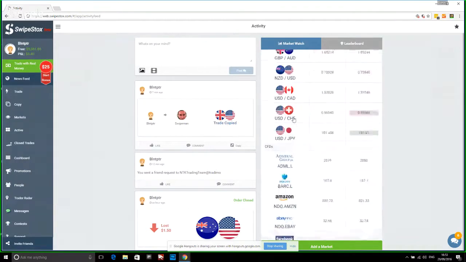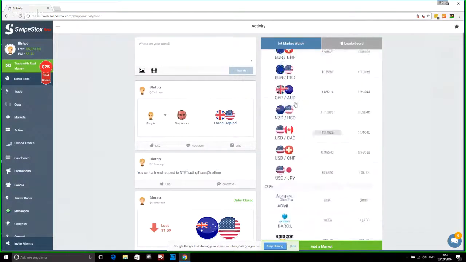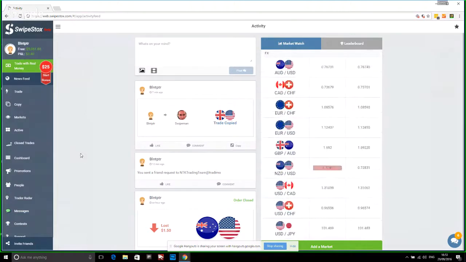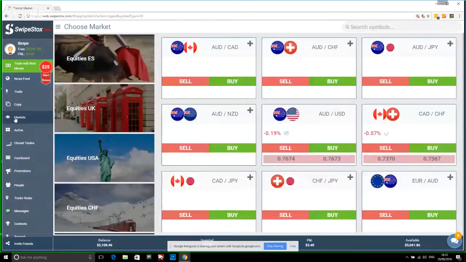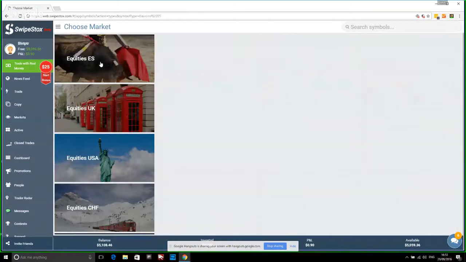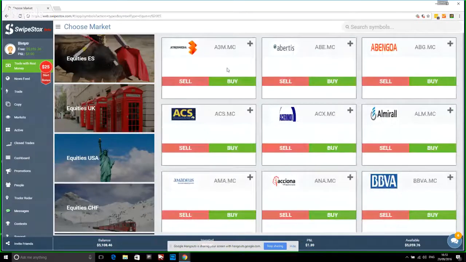Another thing, if you're not trading currencies, but you want to trade some shares and indices, chances are that they are not displayed in your default watch list. So you can go on markets here and add, for example, Spanish shares.